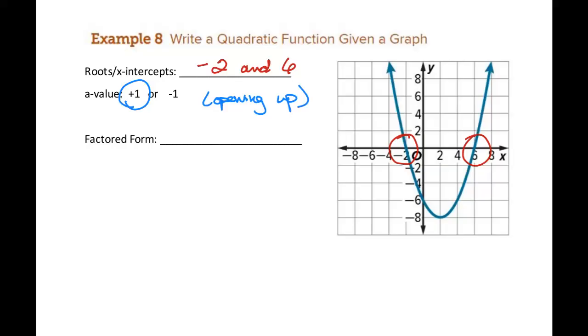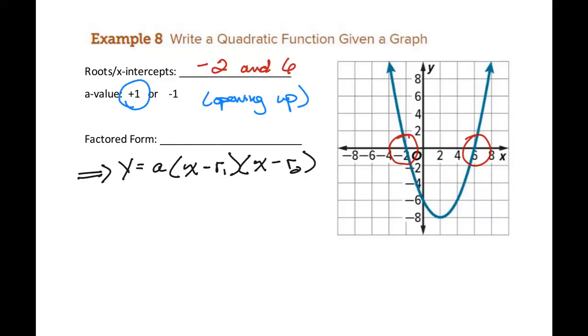So the factored form, I want you to write the general standard form. It is factored form, but it followed this. Y is equal to A times x minus root sub 1 and x minus root sub 2. That is what we're looking for. And we have all of those things.